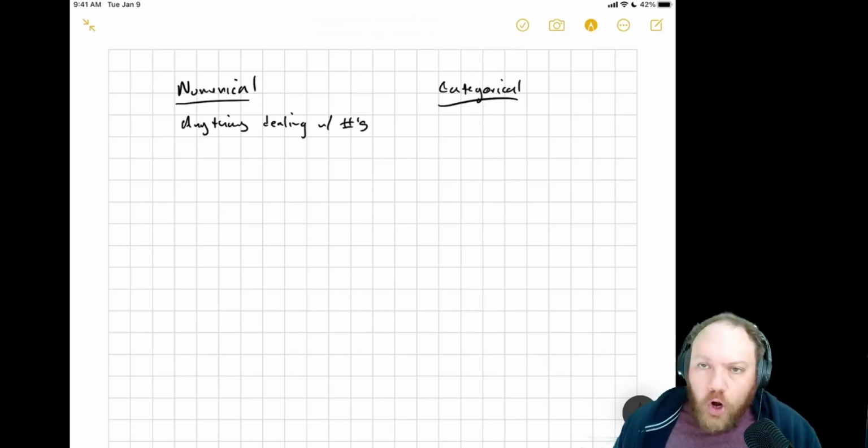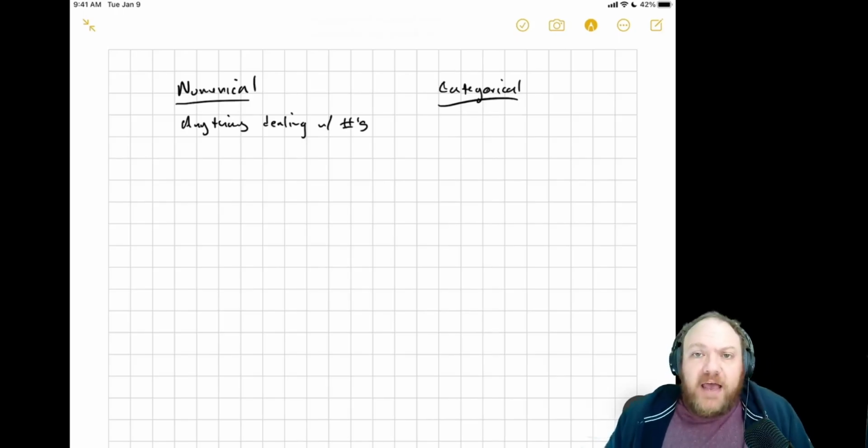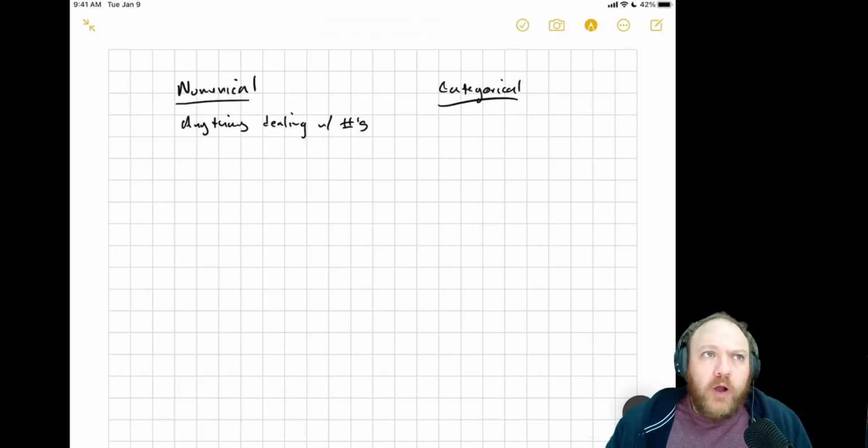Now, categorical data, as the name suggests, is talking about any time that we're talking about categories, right? So I think before in some previous lesson, we talked about the different colors of a car, right? Red, blue, green, white, silver, black, right? Those are different categories. That's a categorical data set, different colors of a car.